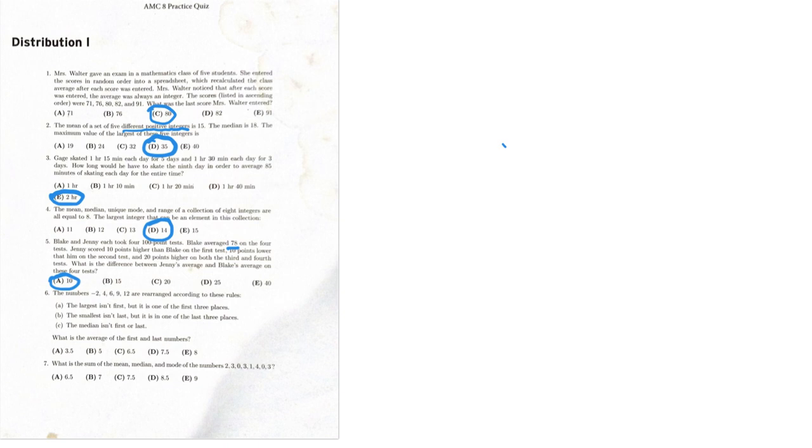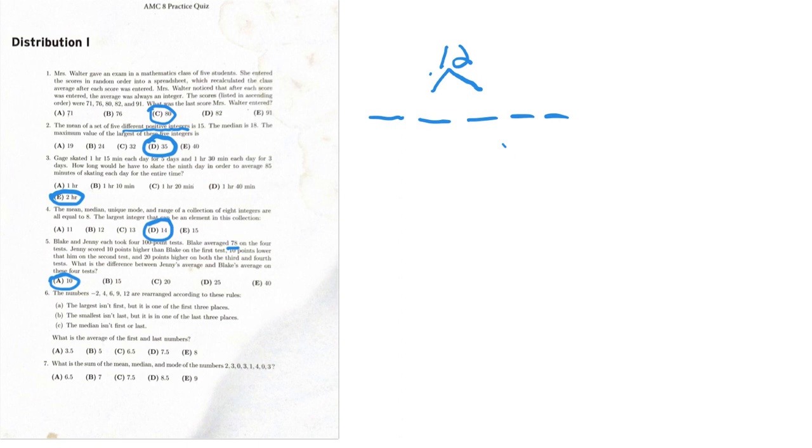The largest isn't first, but it is one of the first 3 places. We have 5 numbers, so we put 5 spaces here: 1, 2, 3, 4, 5. So the largest number, that will be 12. 12 can only be second or third.